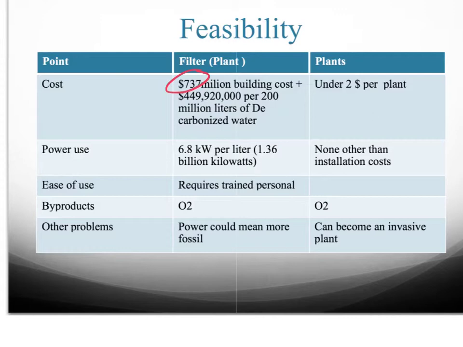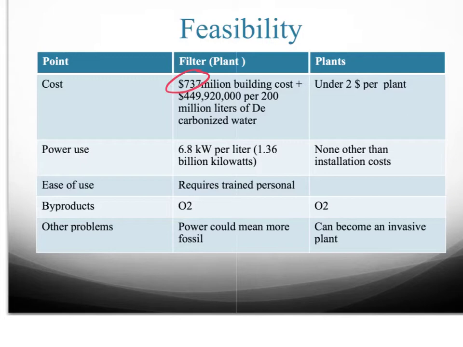And that amount would produce us 200 million liters of decarbonized water. And so this is a very expensive method, right? But not only that, it also consumes 6.8 kilowatts per liter. And that's 1.36 billion kilowatts of total power for 200 million liters of decarbonized water.